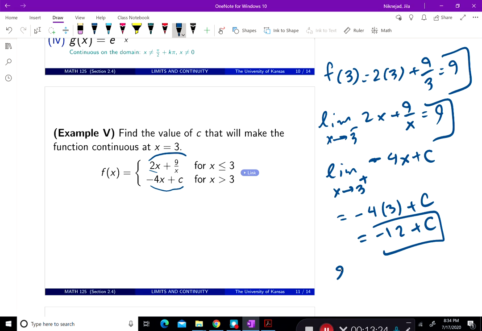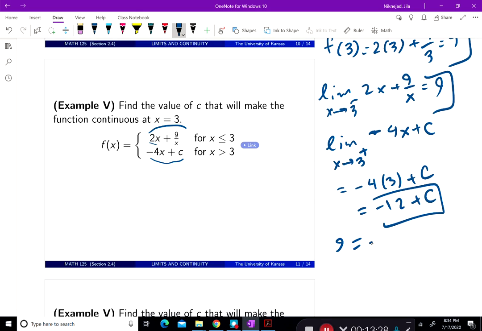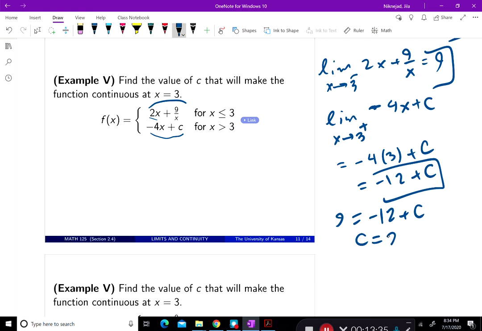And so I just have to set 9 equal to negative 12 plus c and solve to get c equal to 21. So c equal to 21. When we watched it on the app, the two pieces are connected together if c is equal to 21.